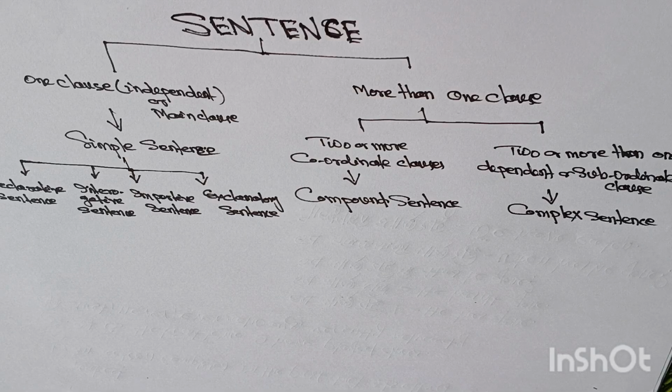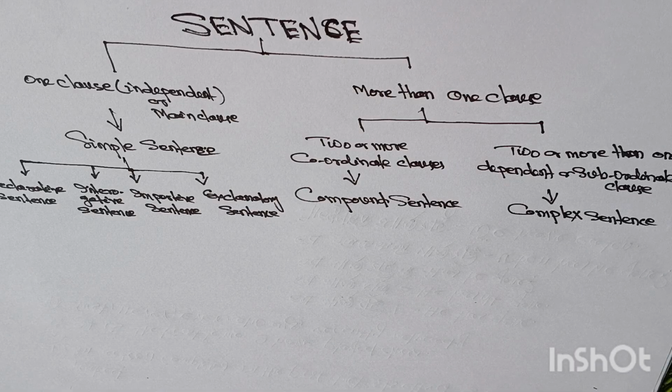Students, I have told you what a simple sentence is. A simple sentence has one main clause. In one clause, there is one subject and one predicate.